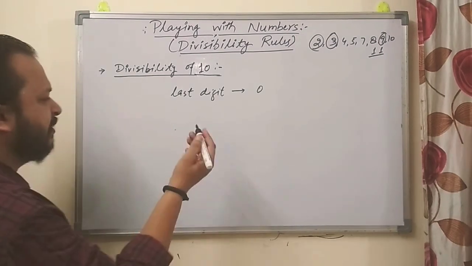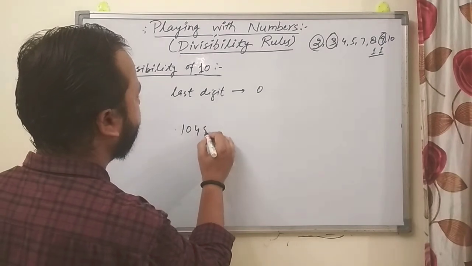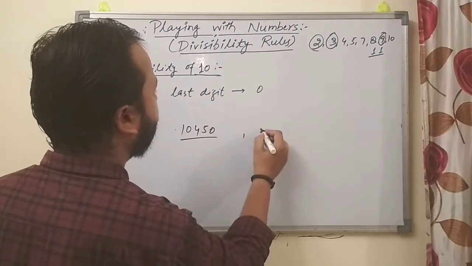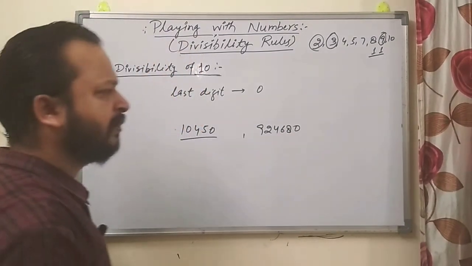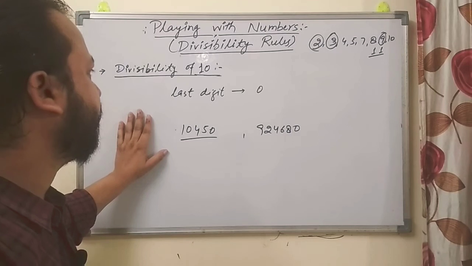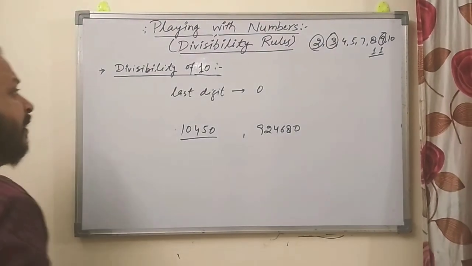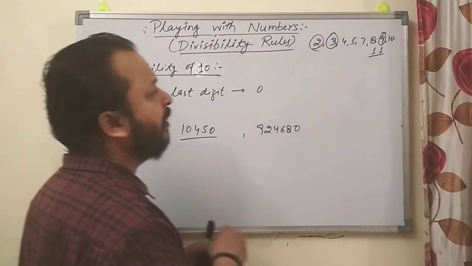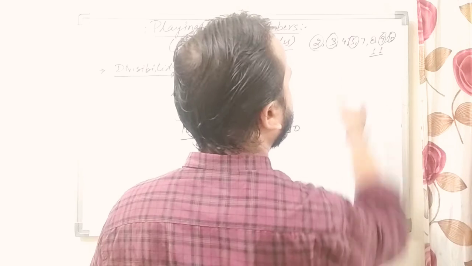Suppose 10450 or 92460. The last digit must be 0. If the last digit is 0, then the number is divisible by 10. So we have completed 10 and 5.